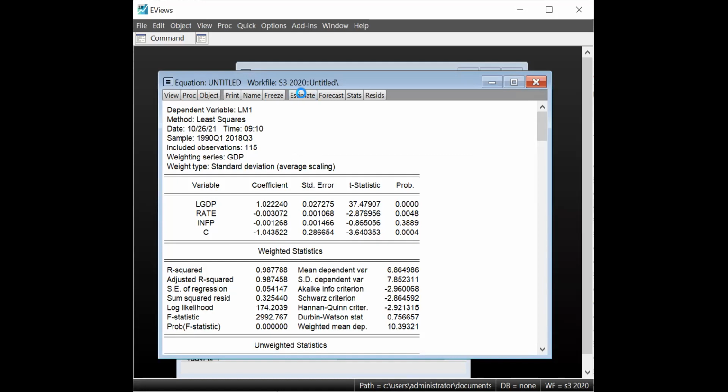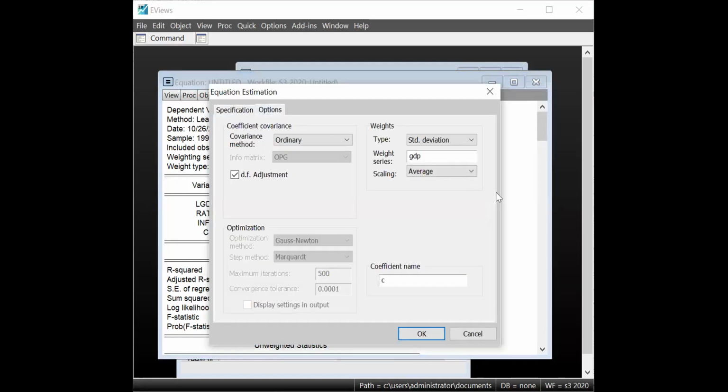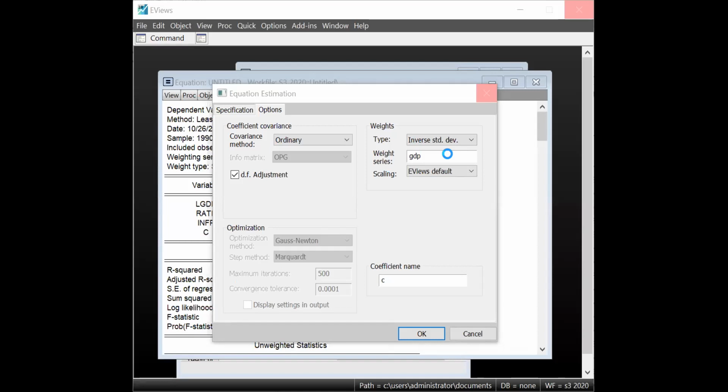So if we apply again this model, but it is not so smooth to estimate this one.